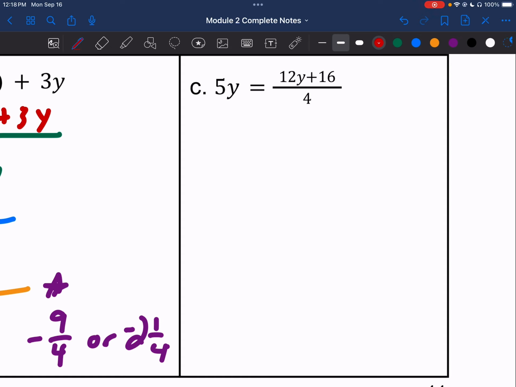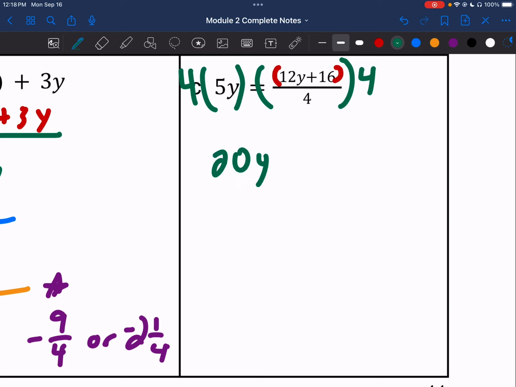Now, letter C, we have a grouping symbol, but it's not the same one that you're used to seeing because it's the fraction bar. And remember, the fraction bar we treat as a grouping symbol. So the first thing I need to do is multiply both sides by that 4 so that I can clear the denominator of this fraction. So I'm going to get 20y is equal to 12y plus 16.